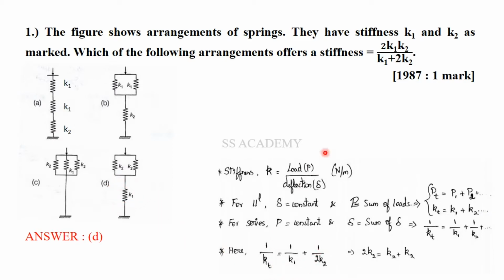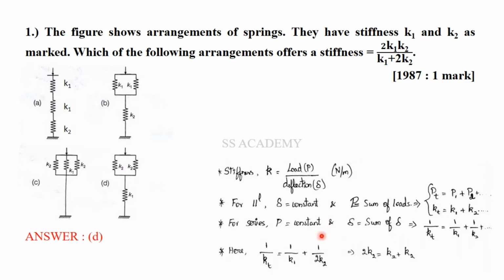This is one way of deciphering the given stiffness and finding the arrangement. Another way is to calculate the total stiffness in all the cases and compare that with the given question and find the answer. It will be time taking. So it is better to come from the question itself, that is 2K1 K2 by K1 plus 2K2.